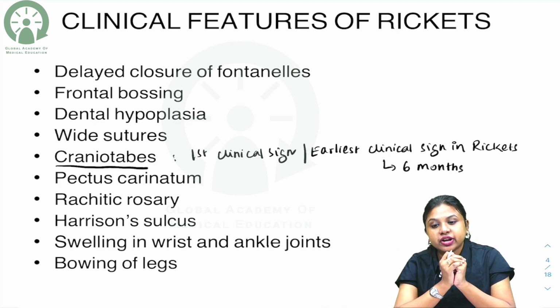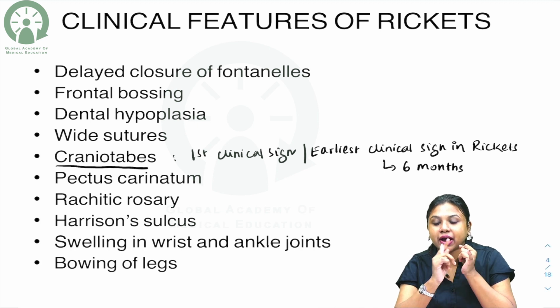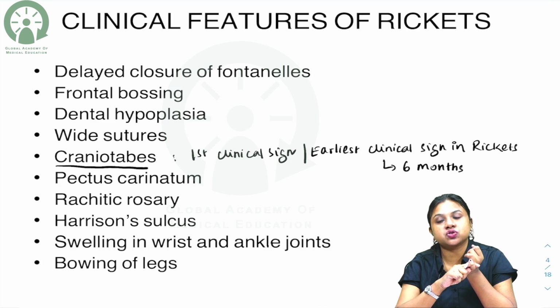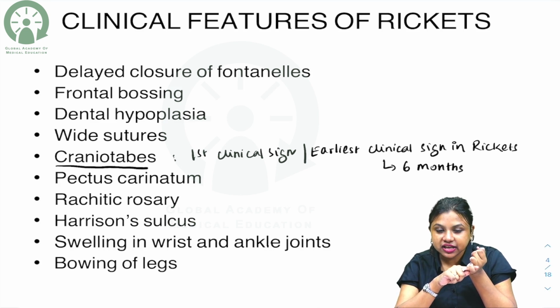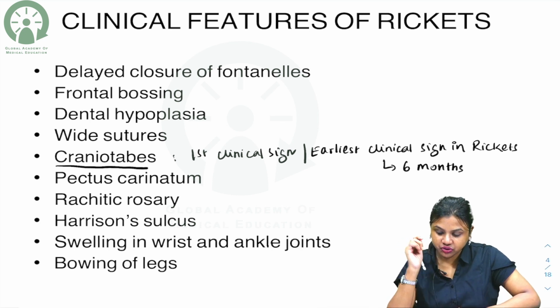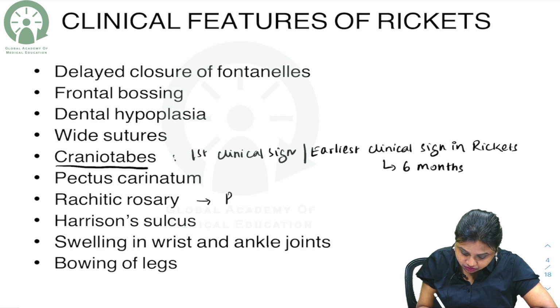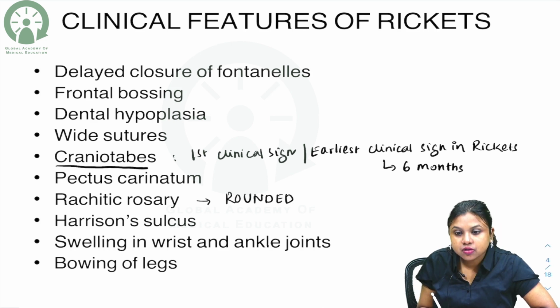It is very important that we differentiate between rachitic rosary and scorbutic rosary. Rachitic rosary is because of rickets, whereas scorbutic rosary is because of scurvy. In case of rachitic rosary, because of rickets, just remember R for R. It is rounded, smooth, and non-tender, that is painless.